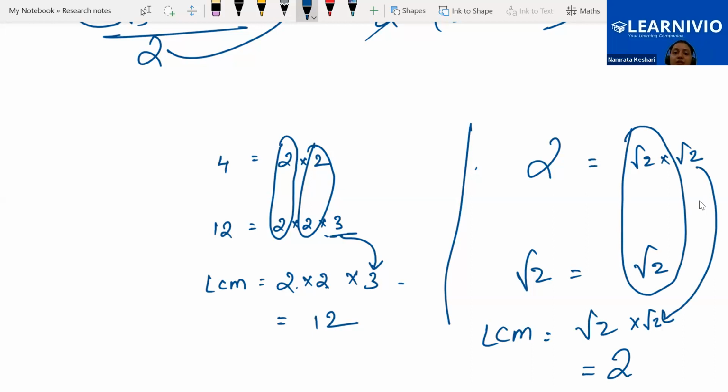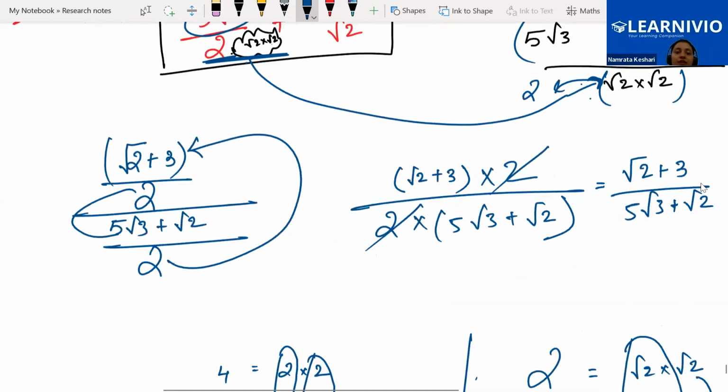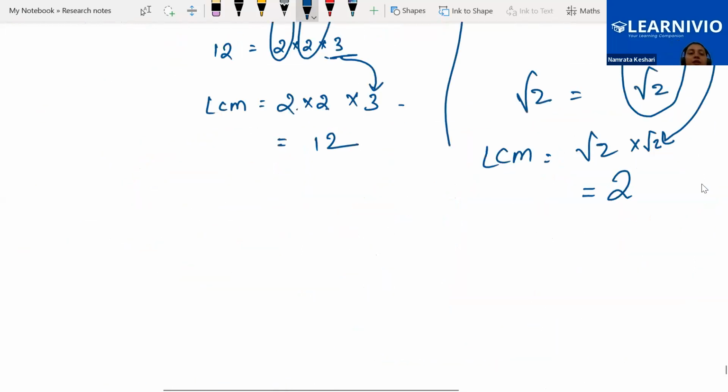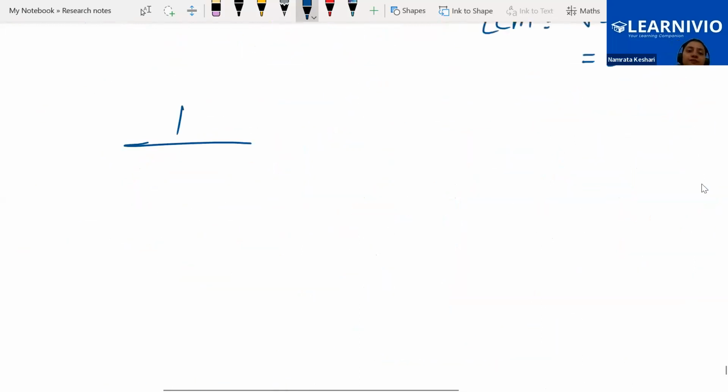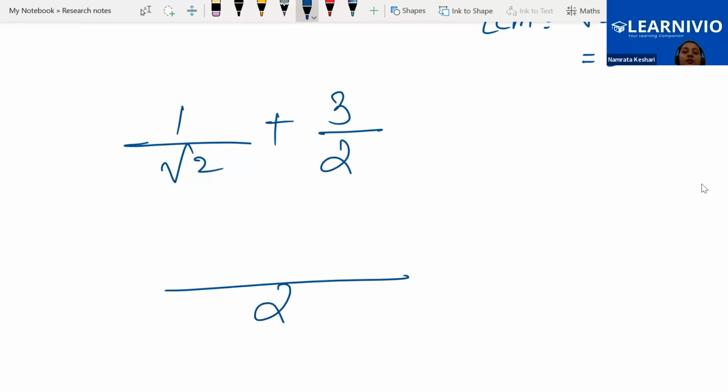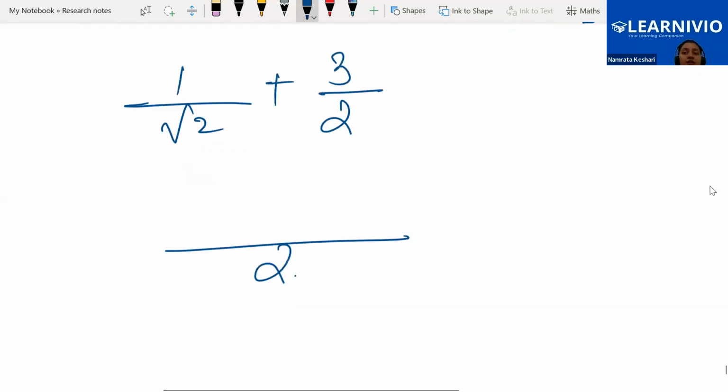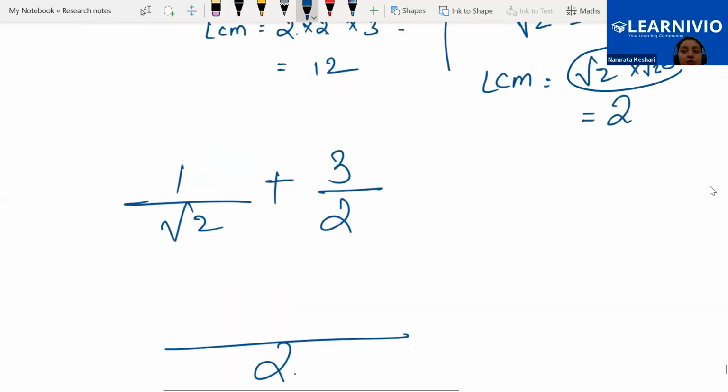Okay, let me summarize again. 1 by root 2 plus 3 by root 2. LCM is only 2, which is root 2 into root 2, and that can be written as only 2. If you want, you write it as root 2 into root 2 if you understand this 2.